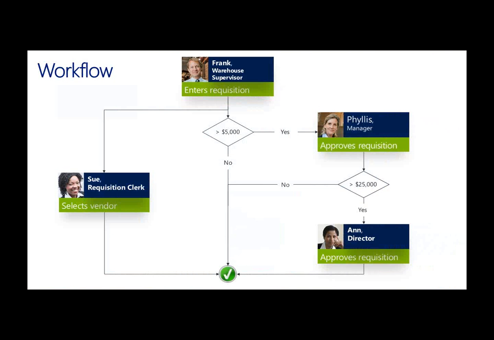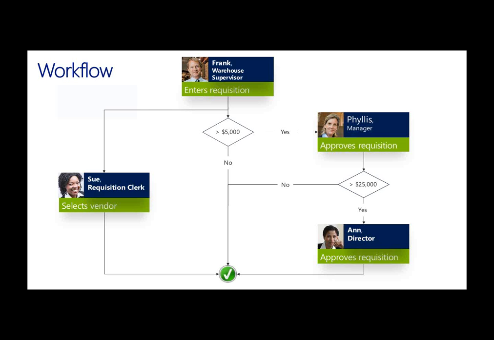For example, I want a workflow where Frank enters a requisition, but I want a couple of things to happen at the same time when he enters it. First, if the document is greater than 5,000, I want it to go to his manager. And also at the same time, if there is a vendor missing on the requisition, I want it to go to Sue.